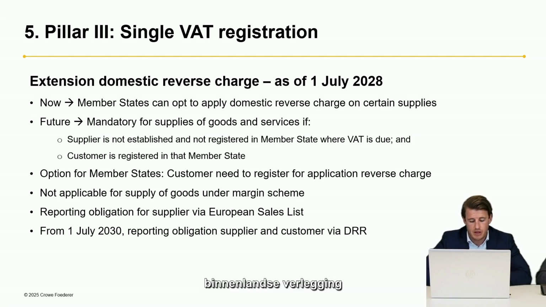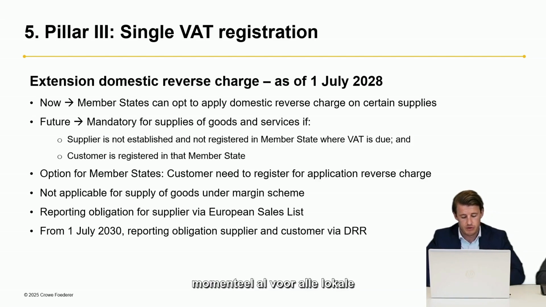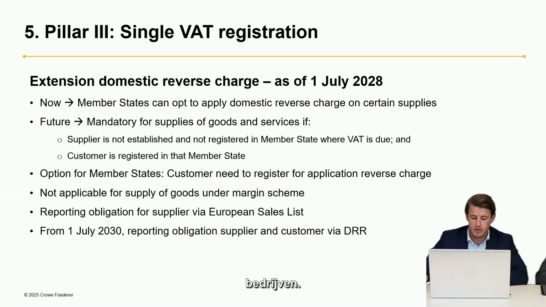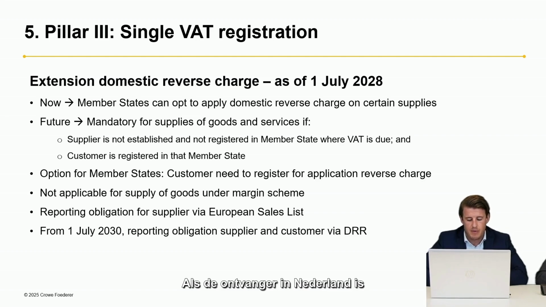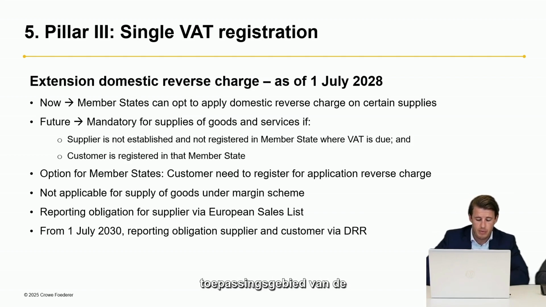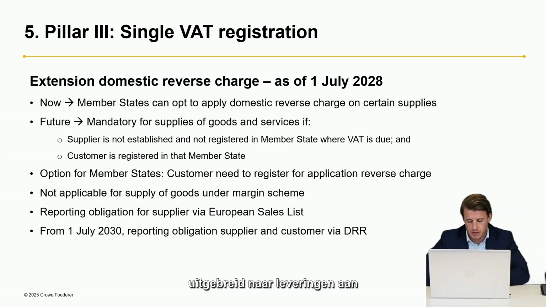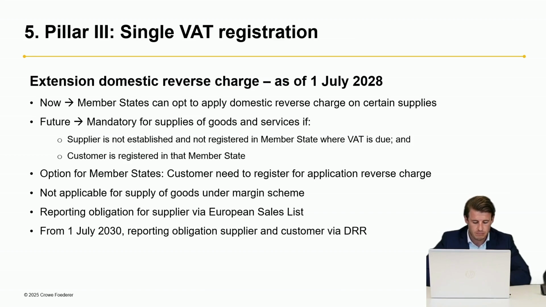In the Netherlands, at the moment, the domestic reverse charge already applies to all local supplies of goods and services by non-established businesses if the recipient is established in the Netherlands. And this means for the Netherlands that the scope of the reverse charge will be further extended to supplies to all VAT registered businesses in the Netherlands. The supply of goods under the margin scheme for second-hand goods is excluded from the reverse charge mechanism.